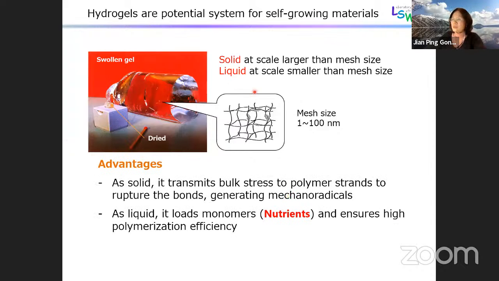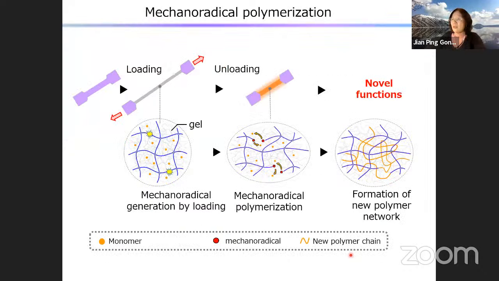So as I already described here, this hydrogel, because of the solid property and the liquid property, can also satisfy the nutrition supply problem. So imagine if we do mechanochemical polymerization in the hydrogels, if we stretch the gels, there are mechanoradicals, and these mechanoradicals might form new polymers.